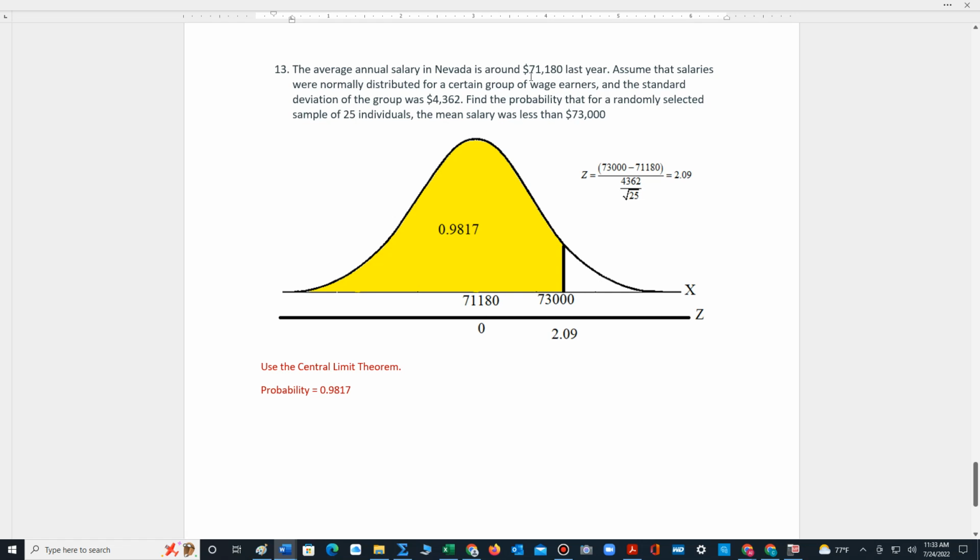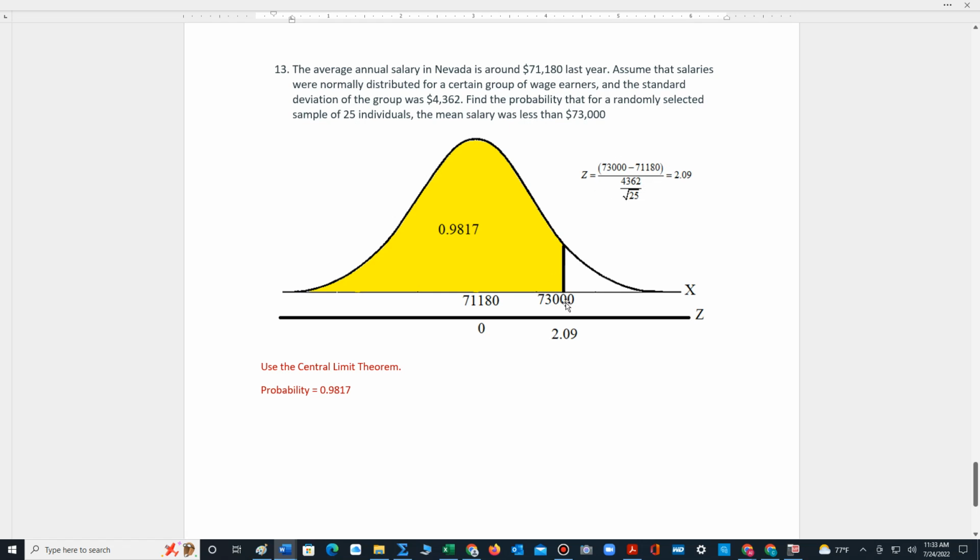The mean is 71,180, and we're looking for a sample of 25 to have a mean salary less than 73,000, so we have to find this area. To do so, we have to convert to z values using this formula here.